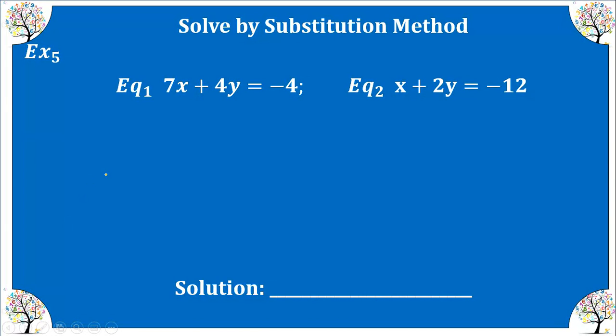Okay, our next example, I can easily see that I should probably isolate this x because we need a variable by itself. So we're going to subtract 2y from both sides. We're going to take this expression and substitute it in for x here.